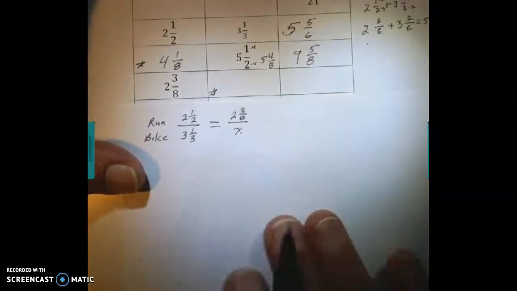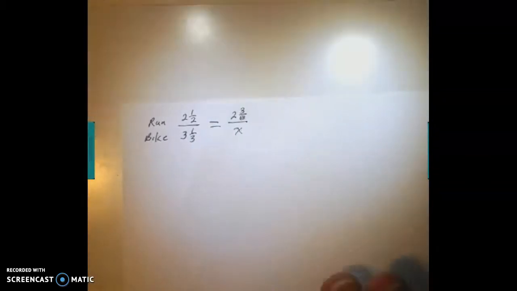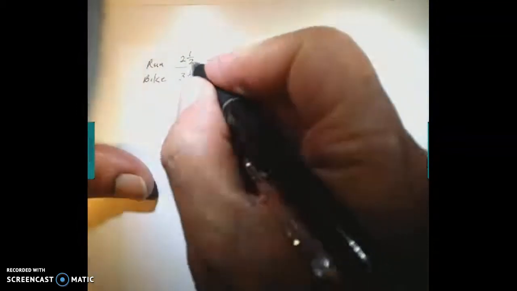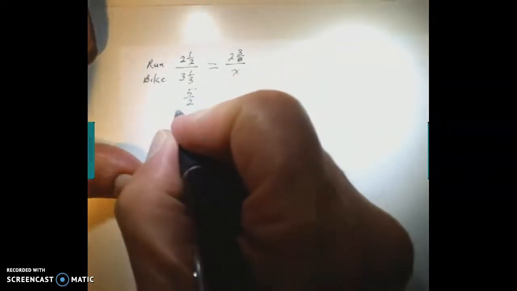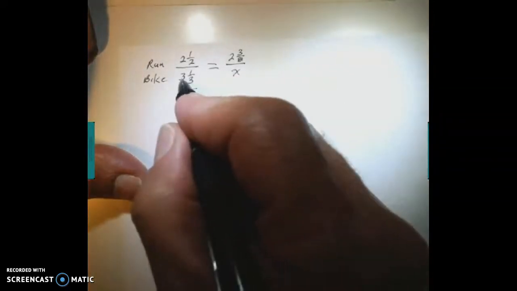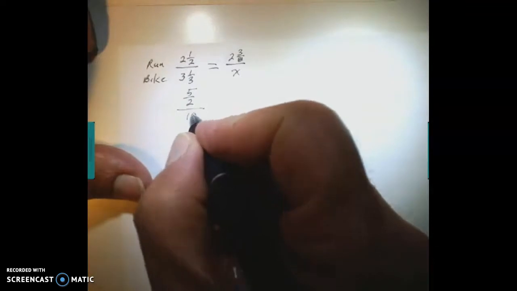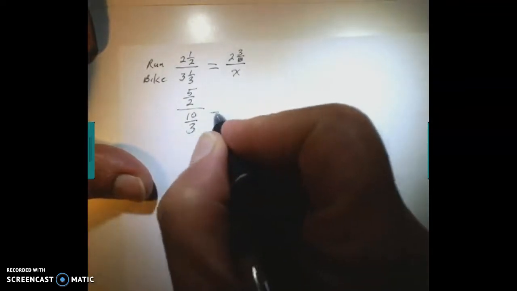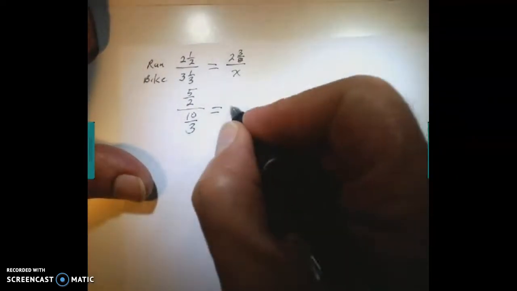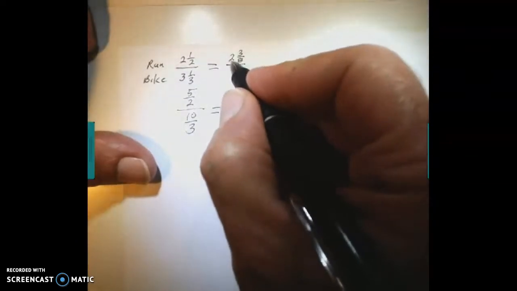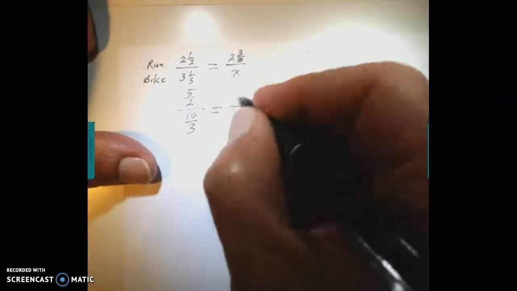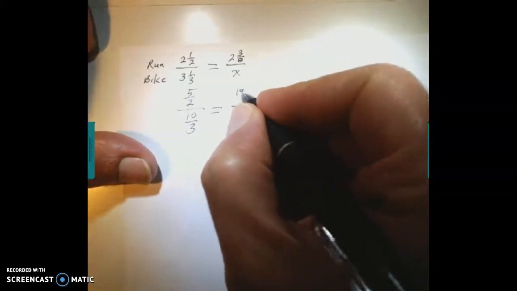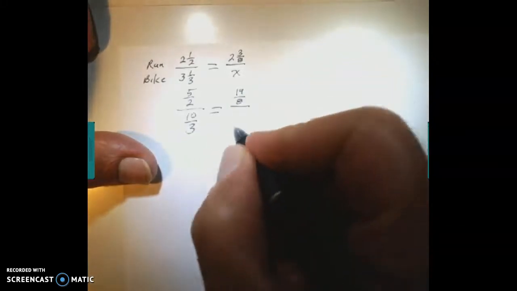Okay, I'm going to go ahead and do like I did last time and make these into improper fractions. So 2 times 2 is 4 plus 1, 5/2 over 3 times 3 is 9 plus 1, 10/3 equals. And over here, 8 times 2 is 16 plus 3 is 19/8.